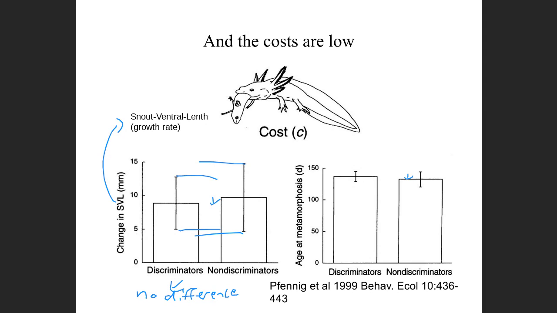But again, you look at the error bars and they include the other means. So no significant difference, both in the predicted direction, but not significant. So the costs seem to be much lower than the benefit that you get by having your genes increase because your siblings are still alive.